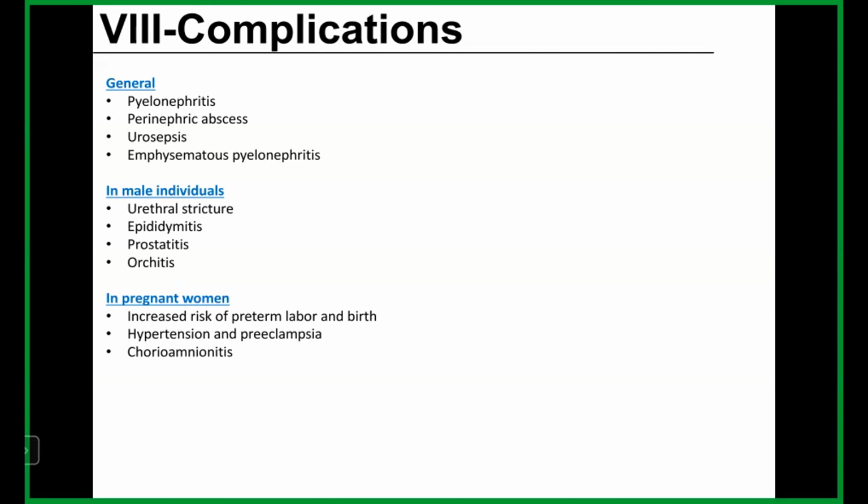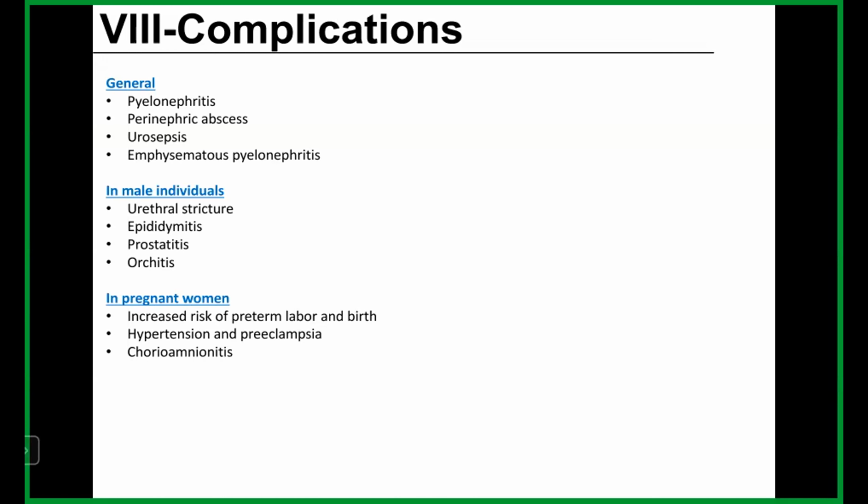It means that the evacuating parts of the kidney, due to the infection, are going to be dilated, and it could be a chronic problem. In male individuals, it could be urethral stricture or epididymitis, the infection of the testicle, prostatitis, inflammation of the prostate, or orchitis, inflammation of the testicle.